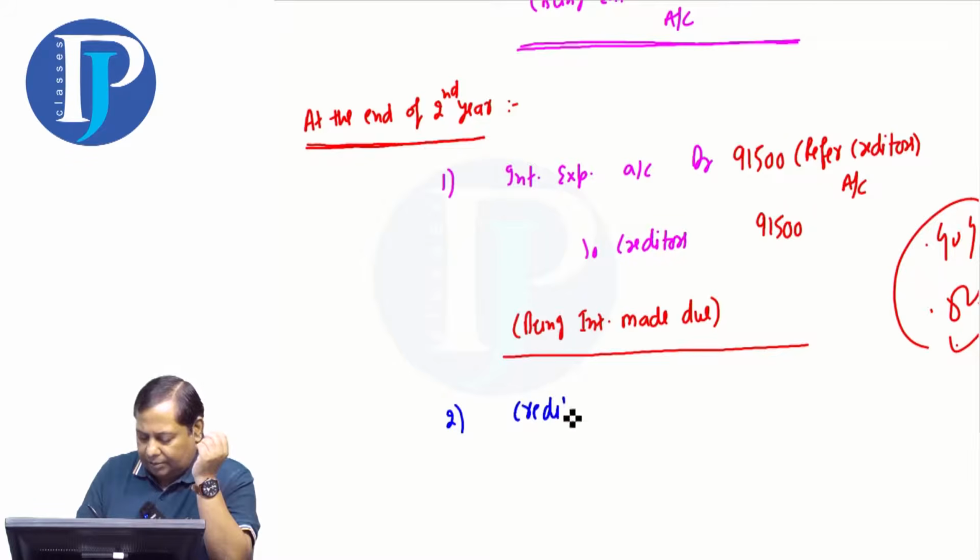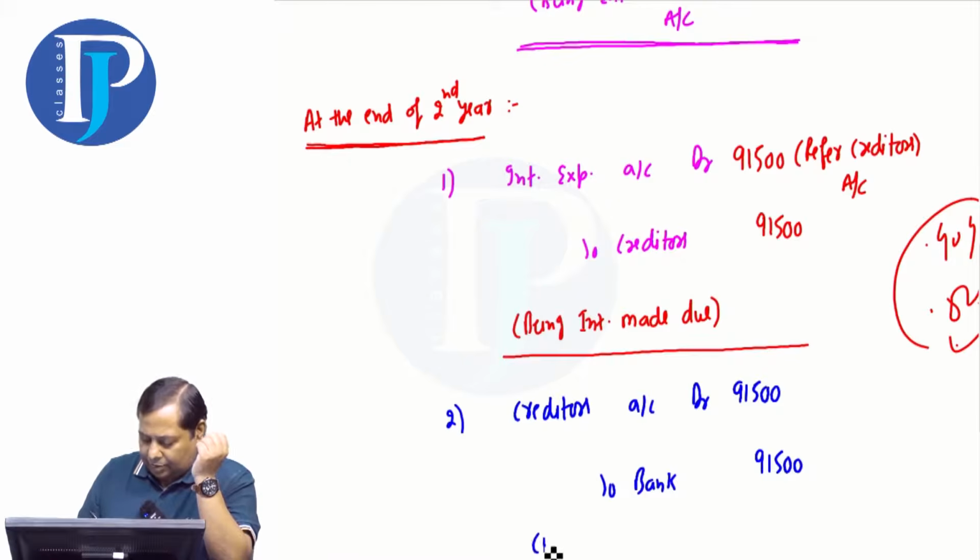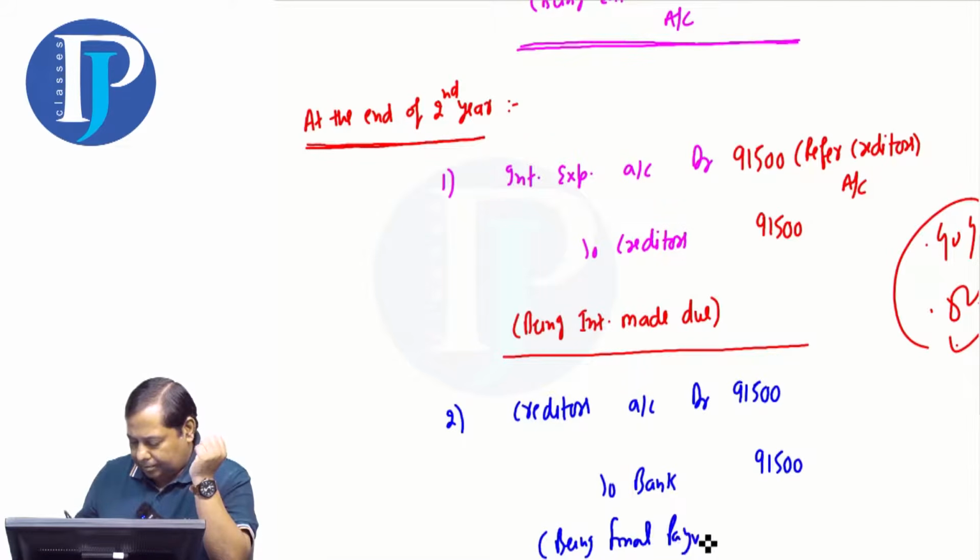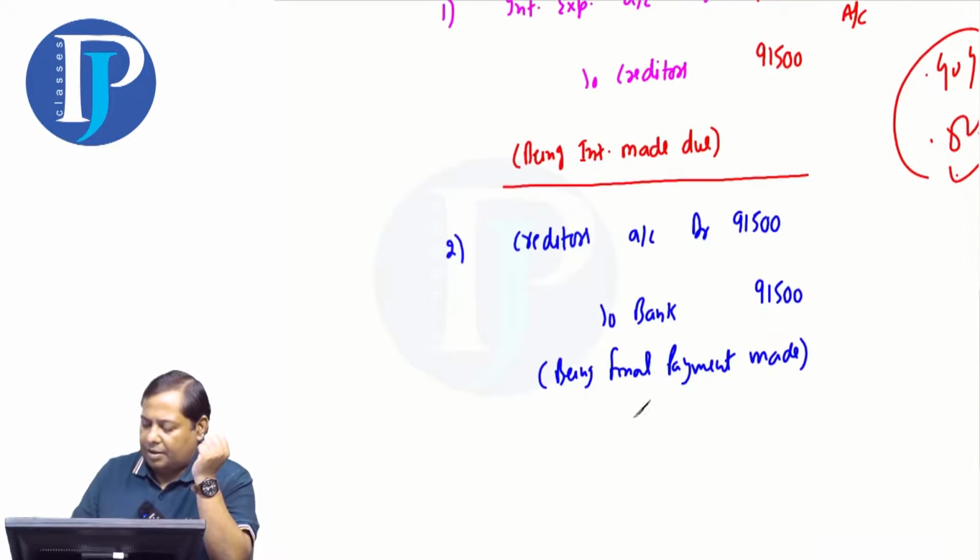Creditors account debit to bank, and I will write being final payment made. The final payment made to the creditors.